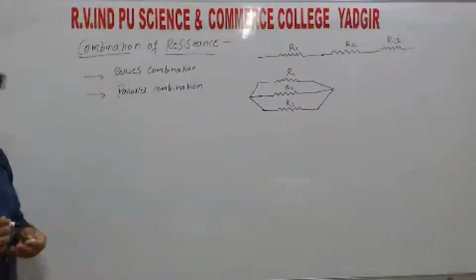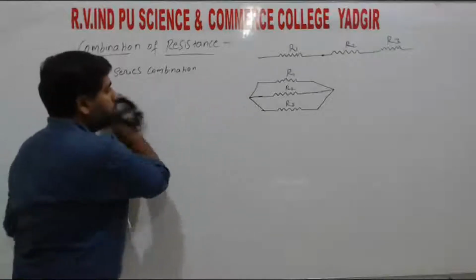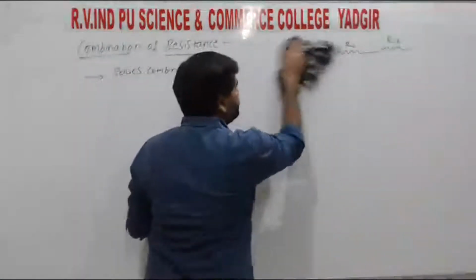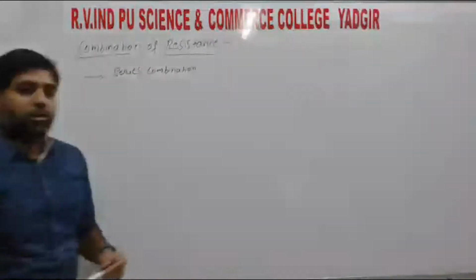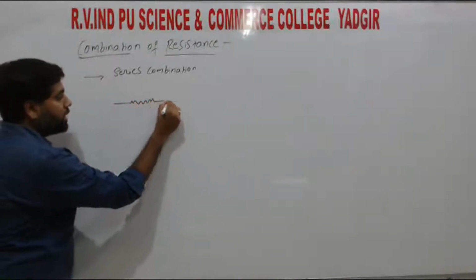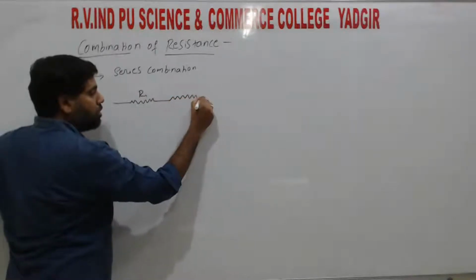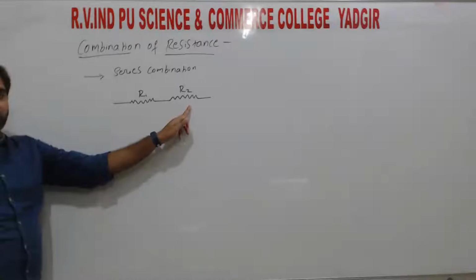So first, series combination. Consider two resistors, one having the resistance R1 and the other having the resistance R2, which are connected in series.